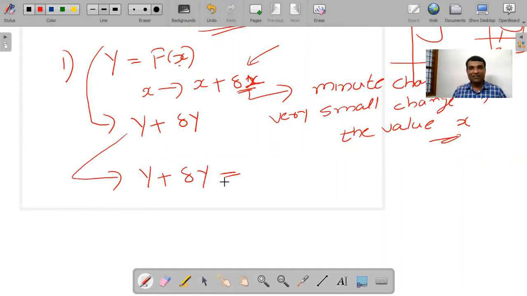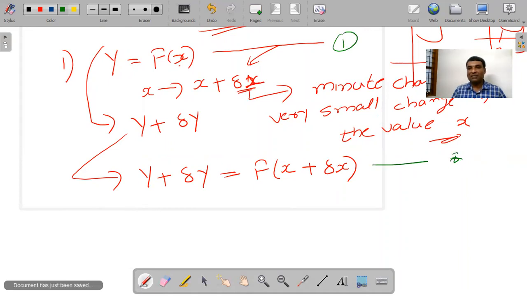This delta y results from a very minute change in the input variable, so we can say this is equal to f of x plus delta x. Let this be equation number 1 and this be equation number 2.